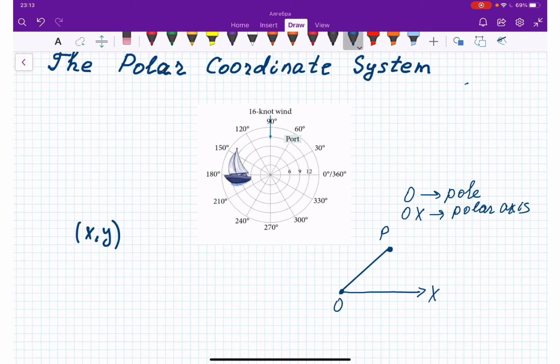So this is our r distance, and it's a directed distance, and theta is going to be our directed angle.